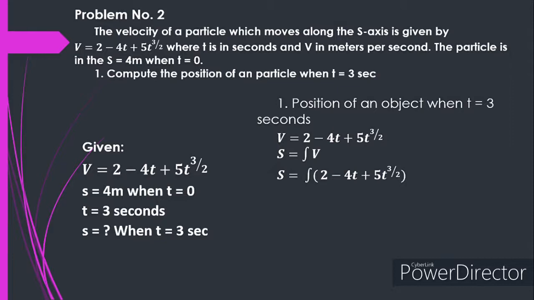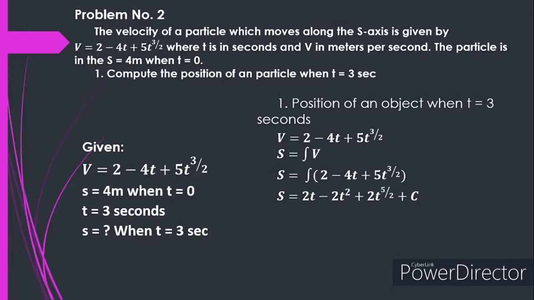S is equals to the integral of 2 minus 4t plus 5t raised to 3 halves. So, integrate natin will result to 2t minus 2t squared plus 2t raised to 5 halves plus c. Hindi ba class, pag nag-integrate tayo, meron talaga tayong dinadagdag na constant or c.